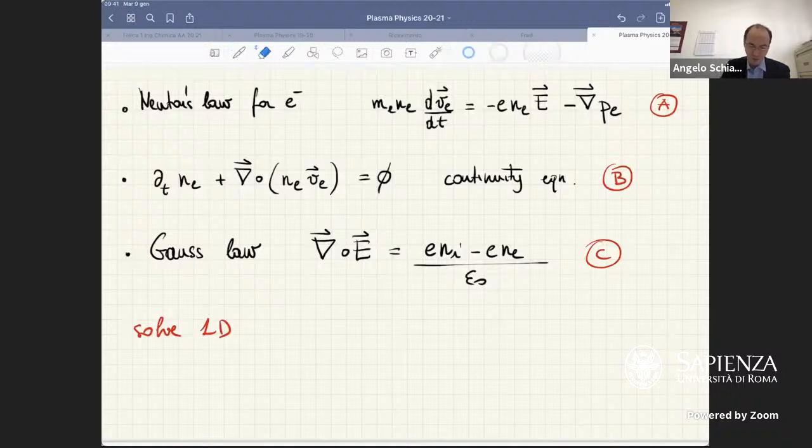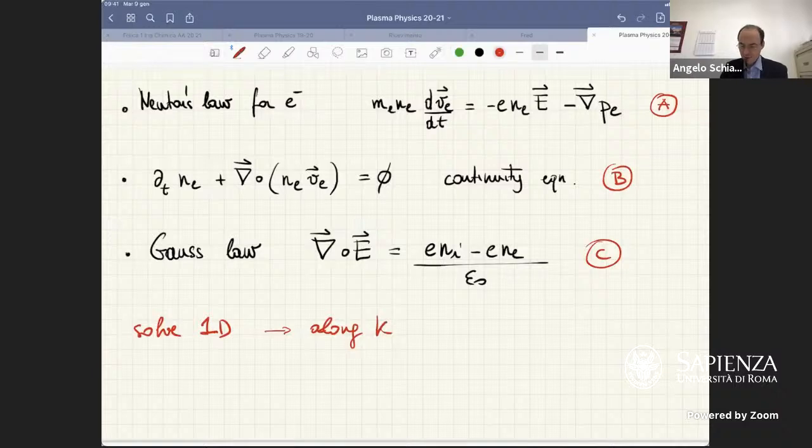The dimension we want to use is obviously the direction of the wave propagation, where the k vector identifies a direction, and the electric field is oscillating in that direction as well. So the natural solution is to seek something that is oscillating, changing in time and space along the k direction.